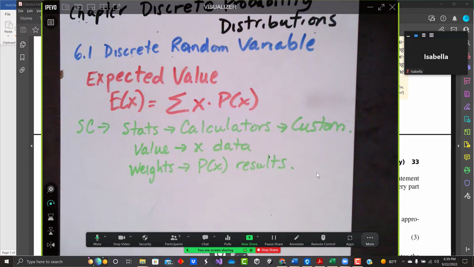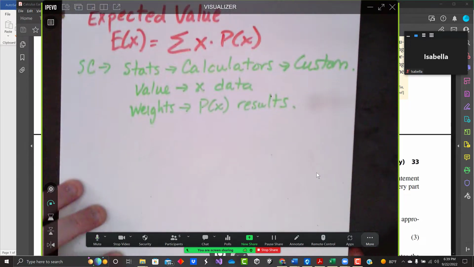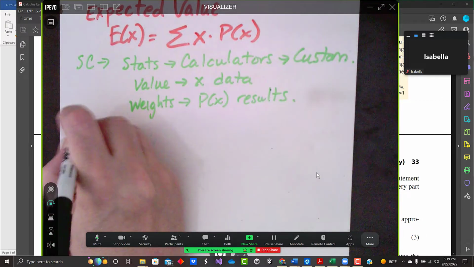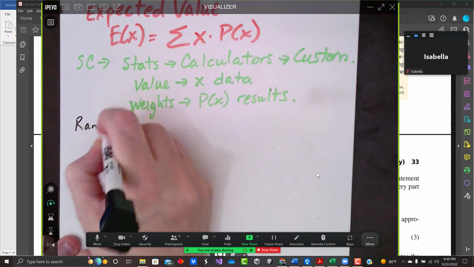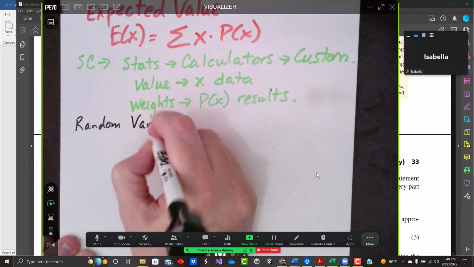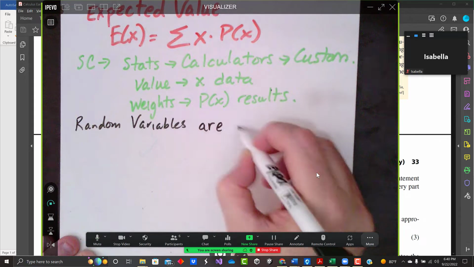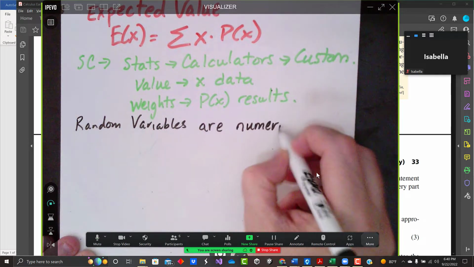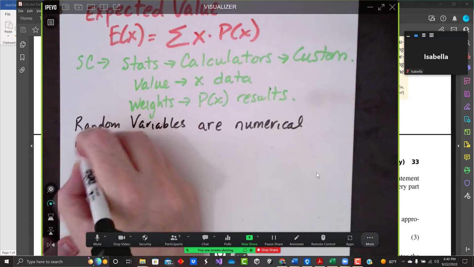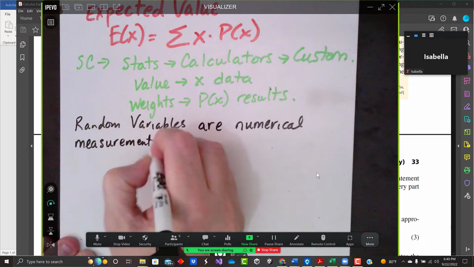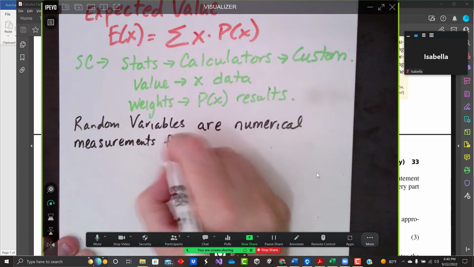So we can start with what are random variables. Random variables are numerical measurements for the outcome from a probability experiment.